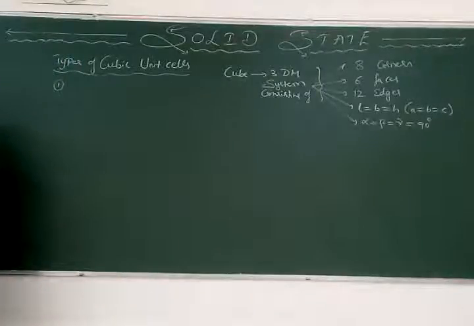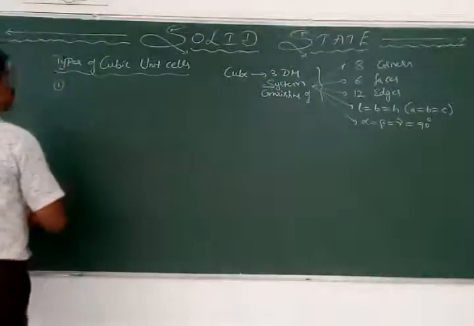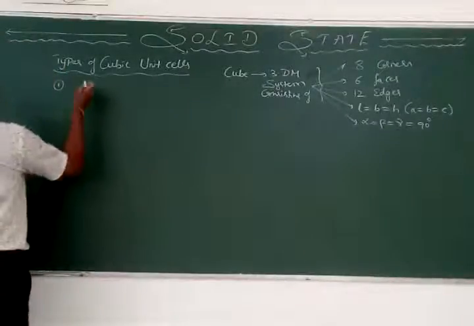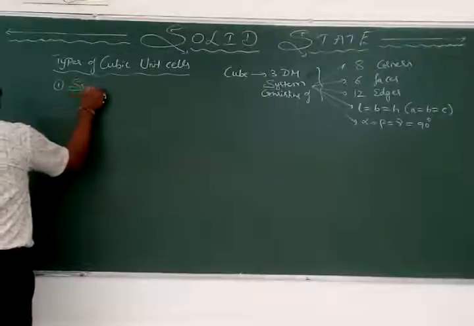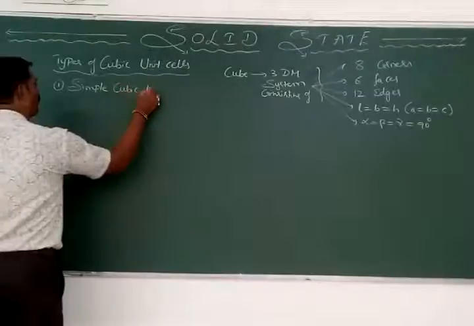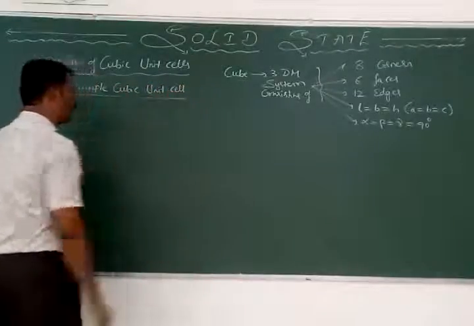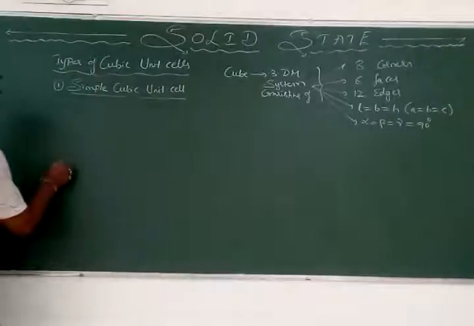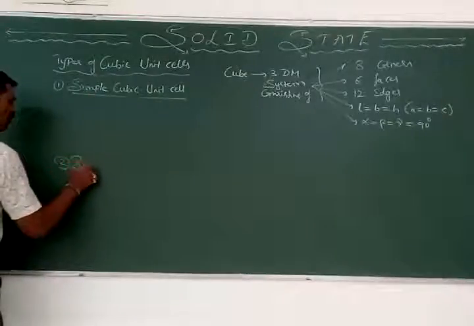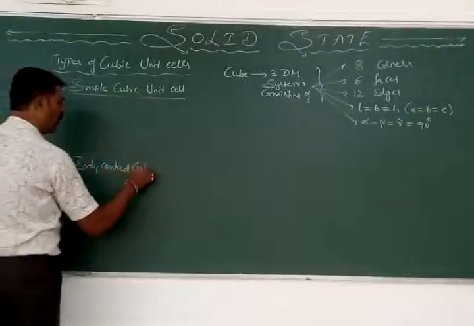Now, what are the various types of cubic cell that we have to know? The first one is the simple cubic unit cell. The second one is the body centered cubic unit cell.